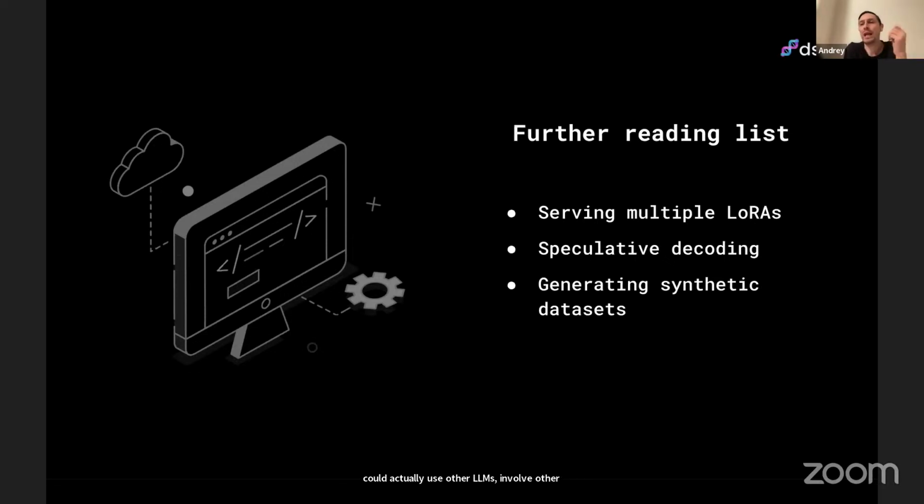So basically, you can use LLMs for generating your data sets, or for validating your data sets, or for annotating your data sets. This is quite a powerful technique, and there's a body of research that shows that it actually works. So I totally recommend taking a look at it.